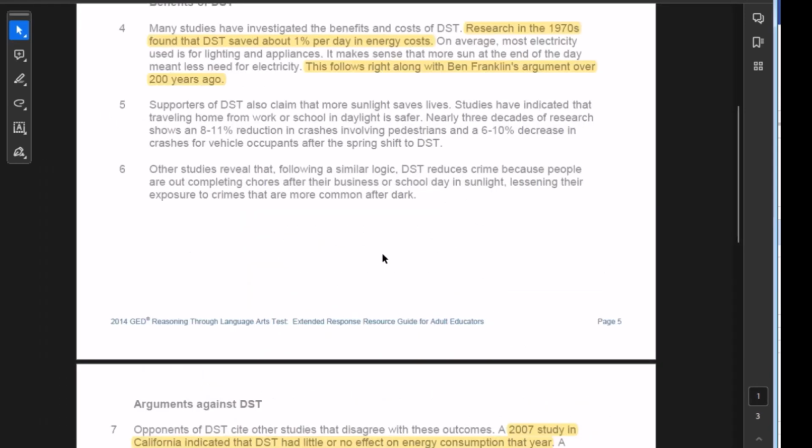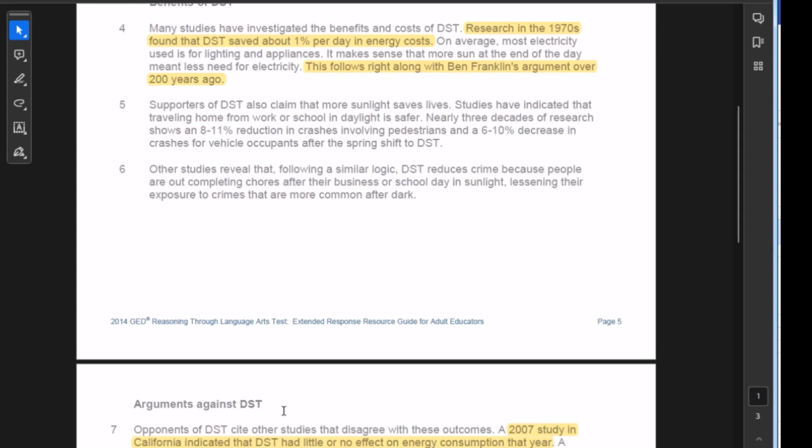Another thing too, when you are paying attention to the evidence that is being shared at the end, when you're deciding which one is stronger, and you notice, okay, well, arguments against DST, that's going to be the stronger side. And folks, this is not me saying this is the stronger side.